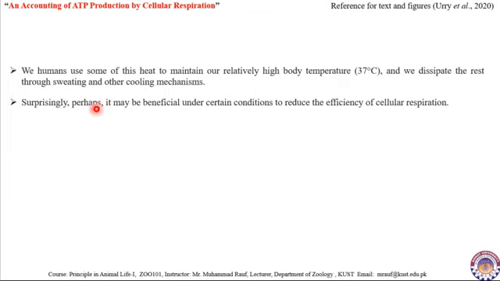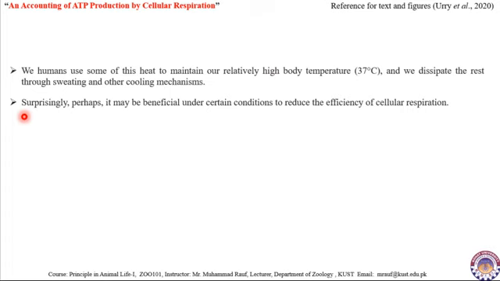Now, surprisingly, perhaps it may be beneficial under certain conditions to reduce the efficiency of cellular respiration. This is a very interesting statement, that organisms strive to yield maximum energy from any source of energy. However, there are certain cases in which an organism willingly tries to derive less energy.